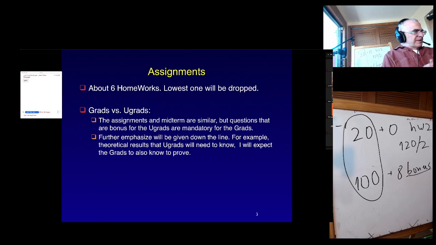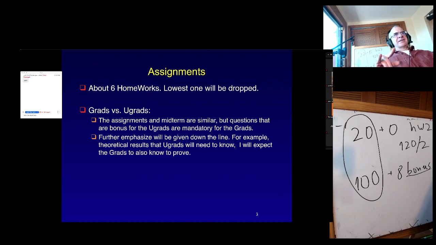More bureaucracy. I have a funny weight distribution that I've been using for the last 20 years. It looks at your midterm and your final exam score, and gives more weight to the better of the two.